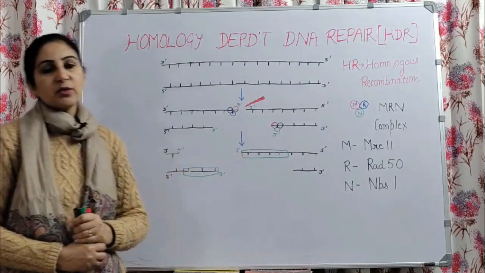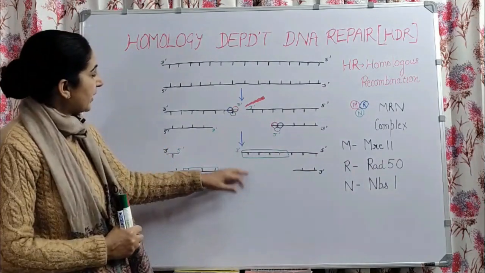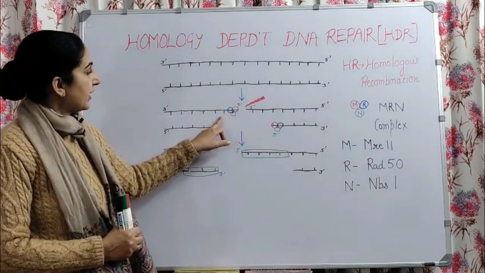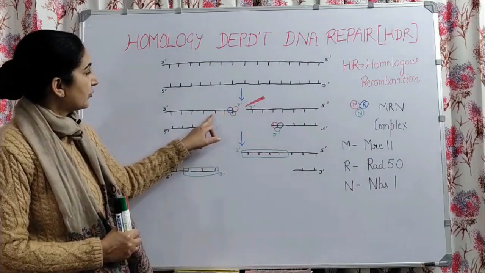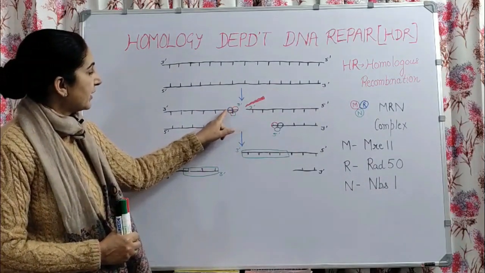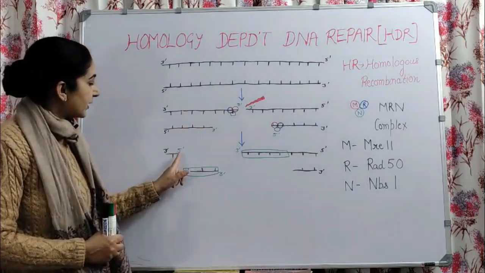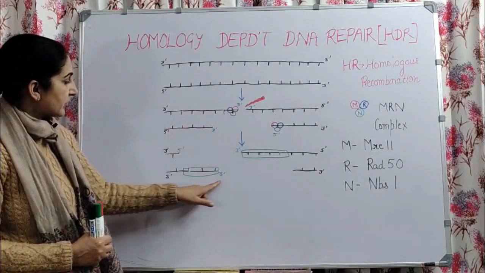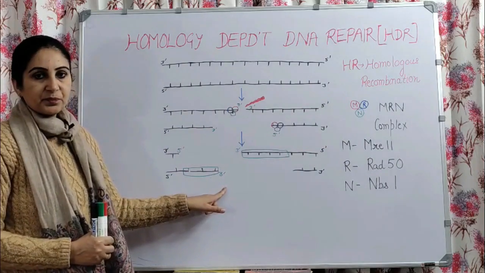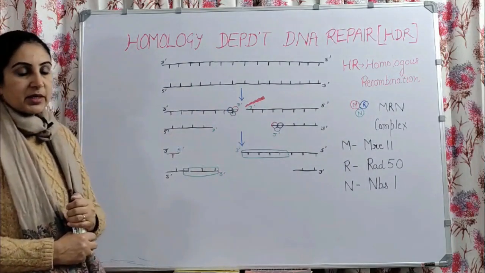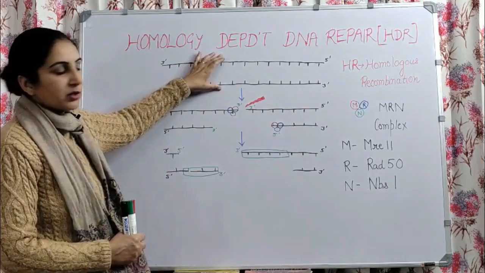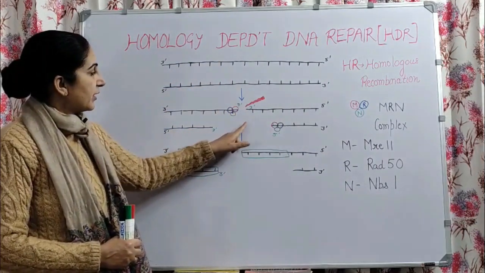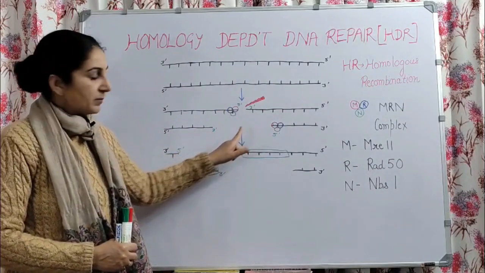So what is the main function of the MRN complex? This complex binds to the 5' end and then keeps on reducing the length of this strand. It keeps on cutting the nucleotides here, so that ultimately this end becomes shortened and we get 3' overhangs here. Let's see the process till now. This was our intact DNA molecule. Due to some kind of insult, both the strands of the DNA molecule have been cut here.